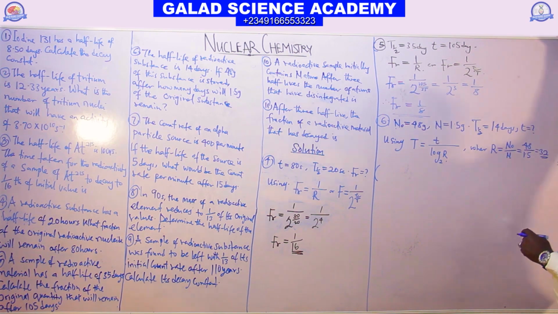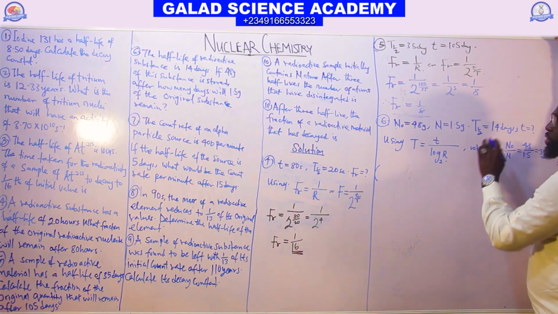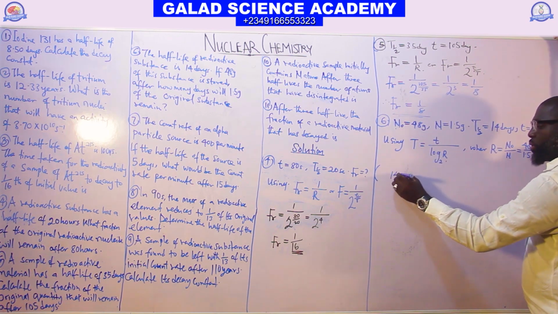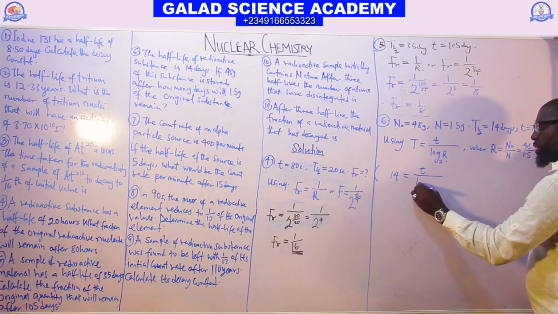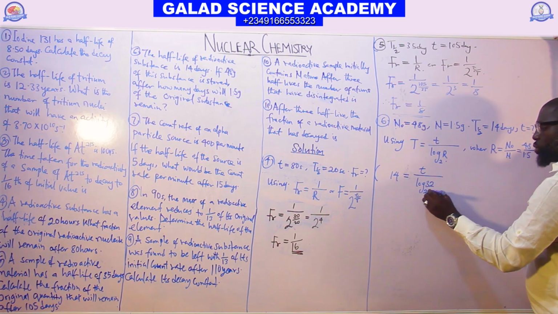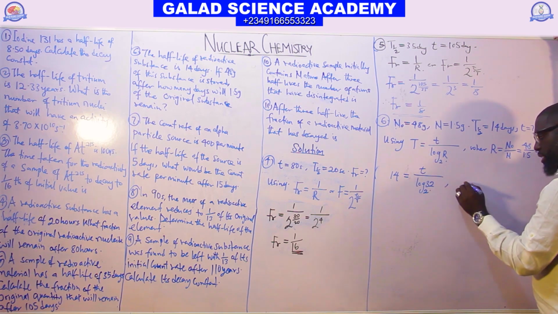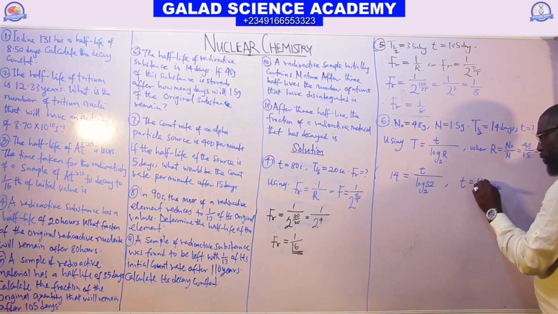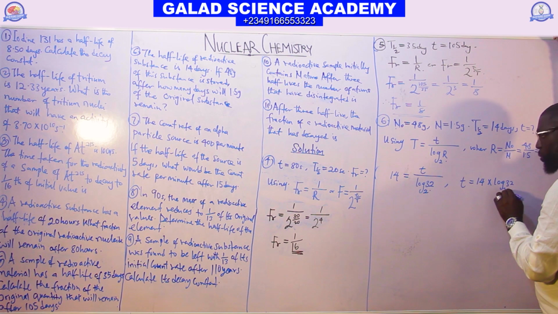That is our R. By substituting for it, our R is 32, our capital T here is 14. Substitute for them, we have 14 over small t, which is unknown, logarithm of 32 to base 10. By cross multiplication, this t will be equal to 14 multiplied by logarithm of 32 to base 2.